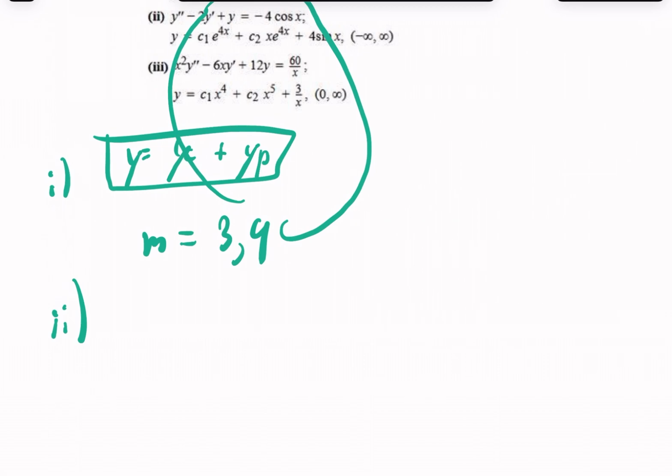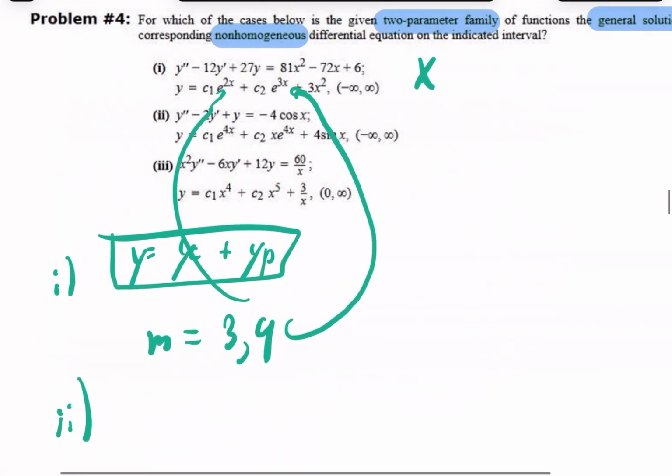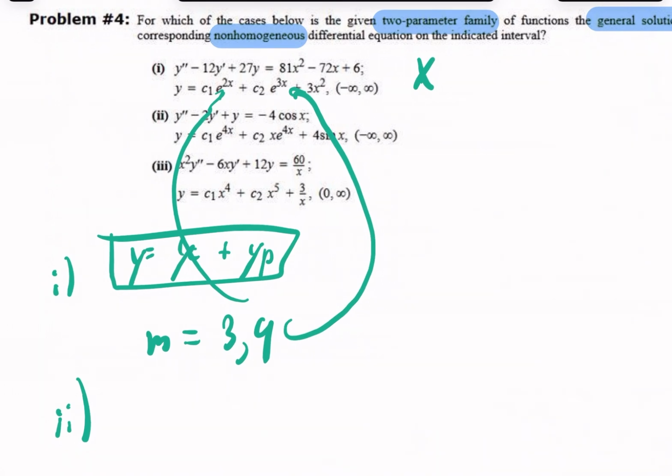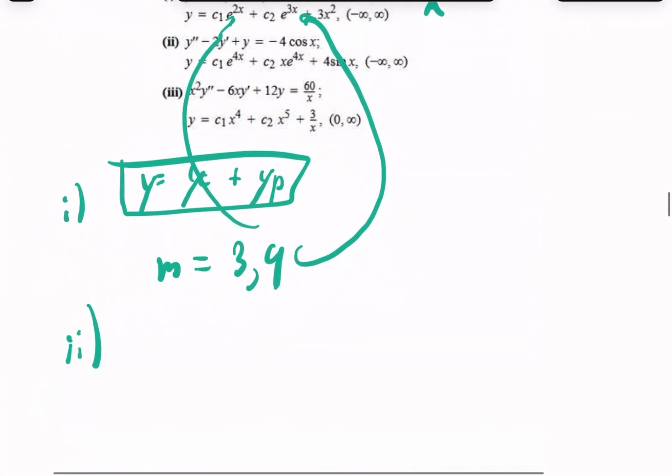I can't find where I wrote my solution for this, but I know that m equals 1 for this from the past question. So how do I have 4 here? That doesn't make sense. This y particular needs more work, but I don't need to go there because the initial proposed complementary solution is not correct.